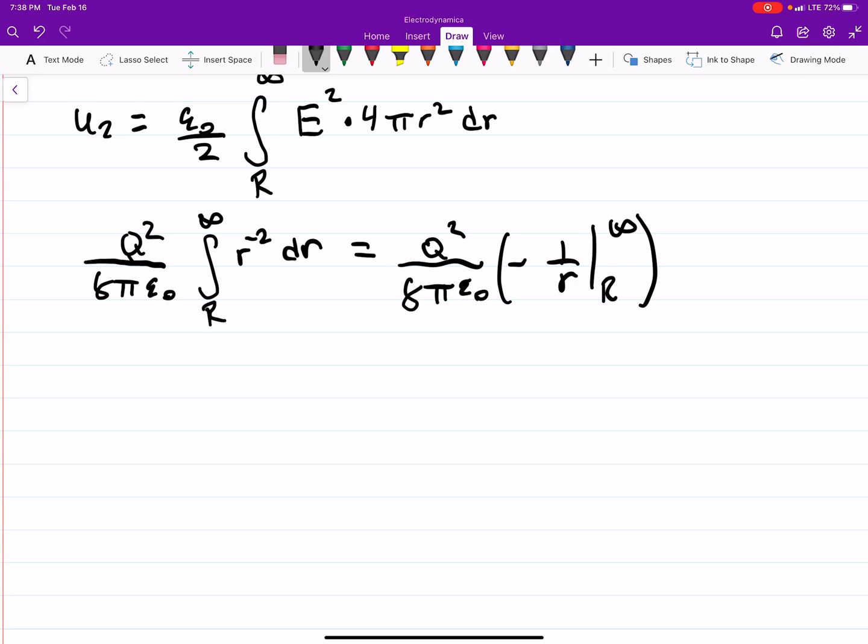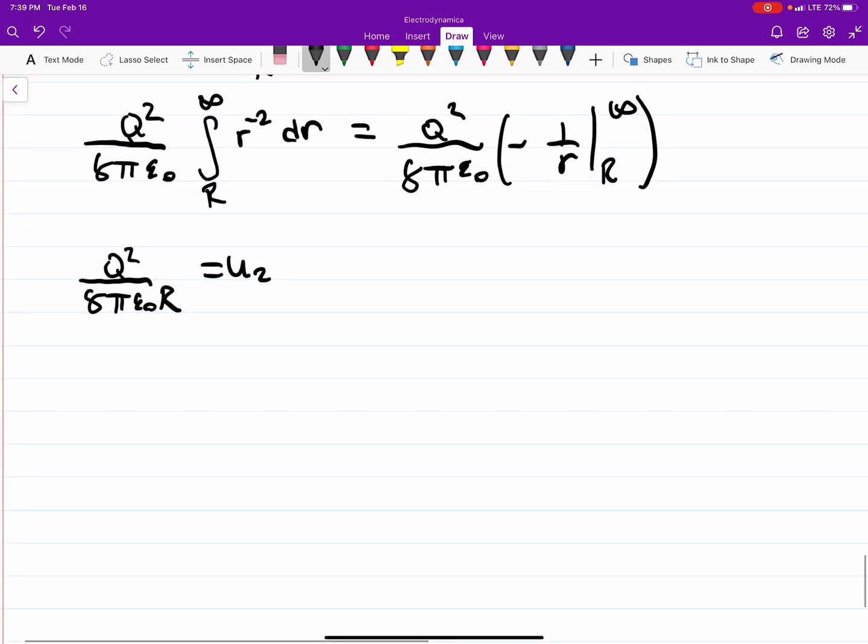And then obviously if you put infinity in the denominator, that's 0. So minus 1 over capital R turns that positive, so the negative sign's taken care of. You get Q squared over 8 pi epsilon naught R, and that's my U2.